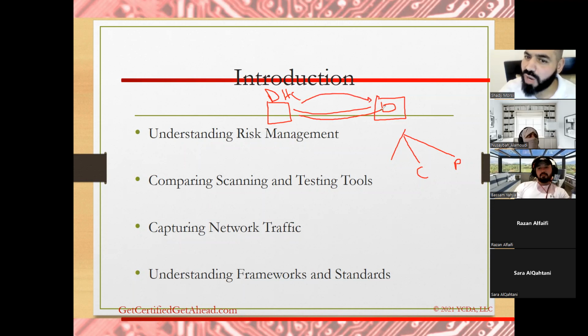If you are not part of the network or the domain, and you talk to the DHCP and say, give me an IP address, because as we mentioned last week, you need an IP address to be able to communicate to the internet and within the network, the DHCP will see that you are not part of the domain, and it will never release an IP address for you. So this is another technical control to ensure that no one can bring his own device, get an IP address, and spread worms or viruses within your network.